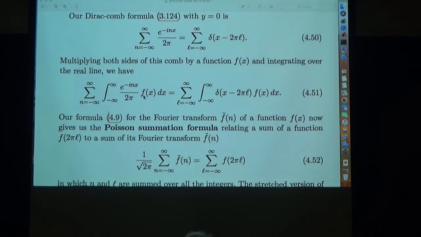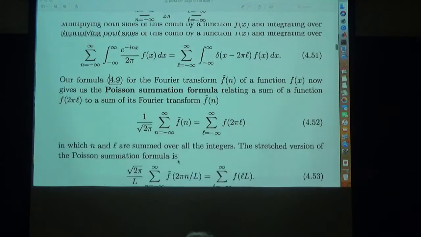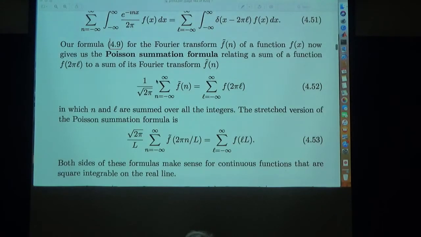So this is a weird sort of formula where on the left-hand side we have a sum of the Fourier transform evaluated at integral points, and on the right, it's the function evaluated at integral points. But one is the Fourier transform, the other is the function.